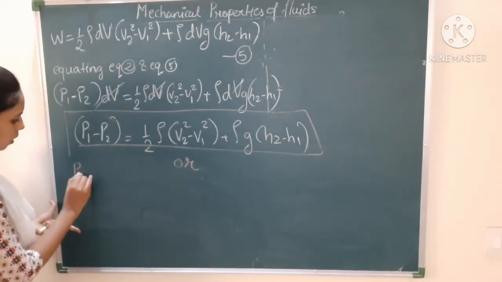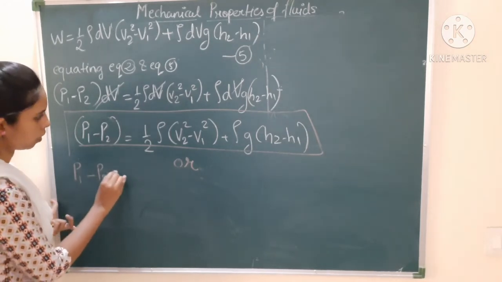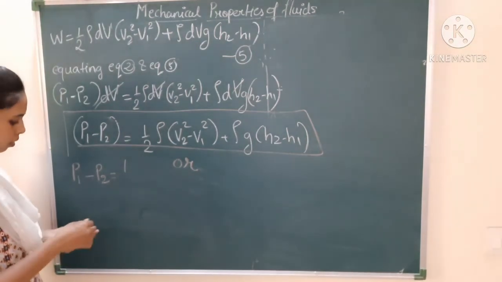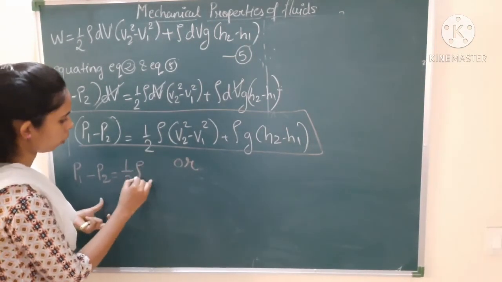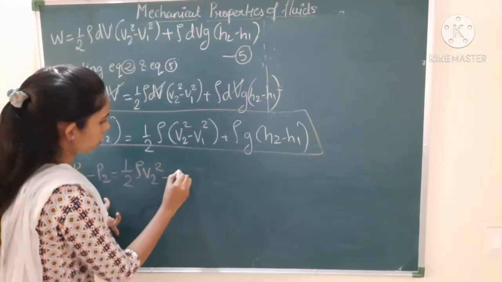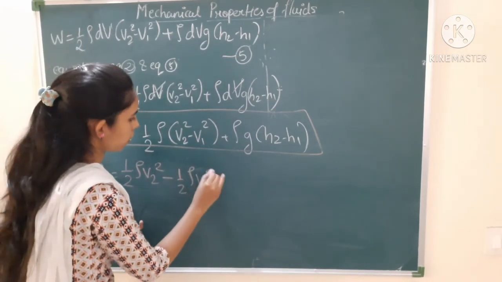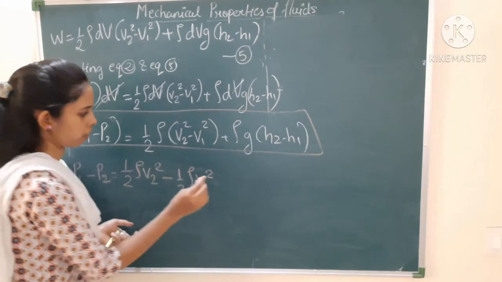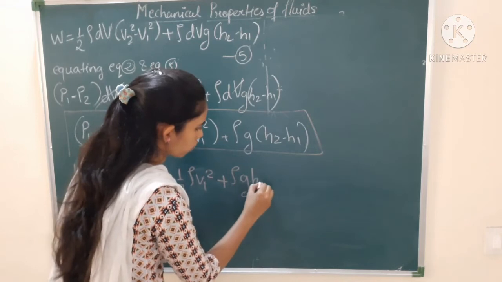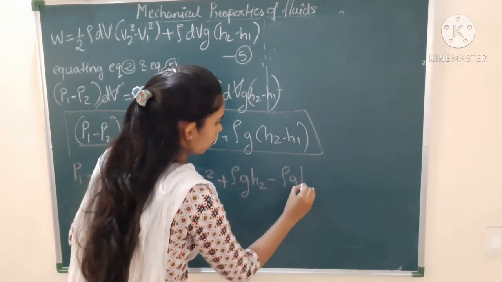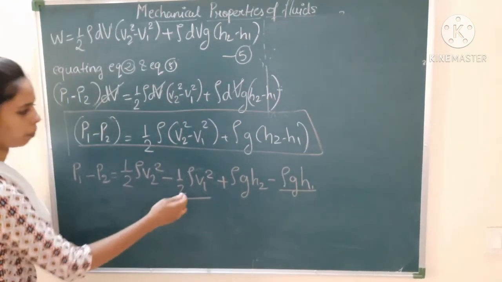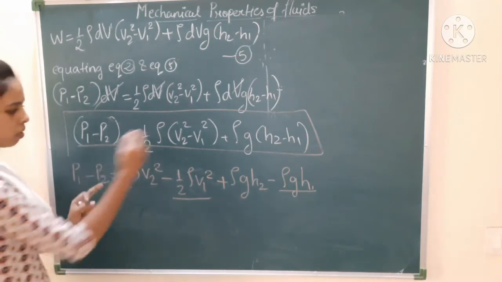Let us write it separately. P1 minus P2 is equal to, we have to open the bracket, half rho V2 square minus half rho V1 square, plus rho g h2 minus rho g h1. Let us take all the first section terms on one side and the second section terms on the other side.